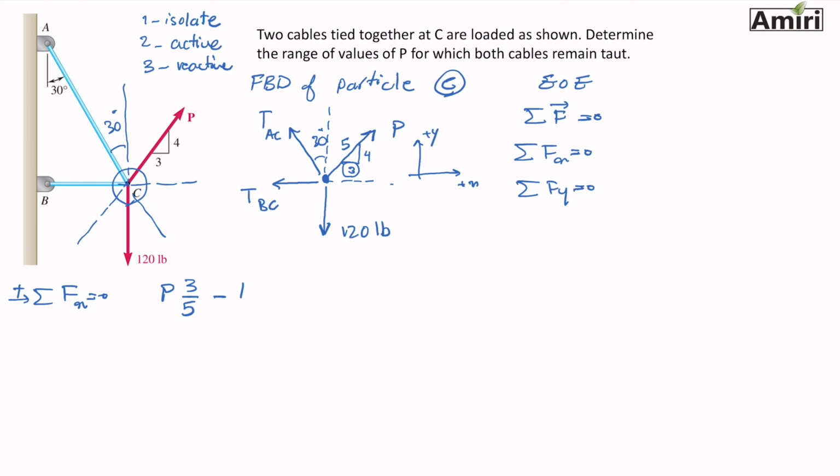TBC is pointing opposite direction. 120 doesn't have anything in x direction. TAC will have a component in x direction, and that's negative. TAC, I can put either sine 30 or cosine 60. Doesn't matter. Sine 30 equals 0.